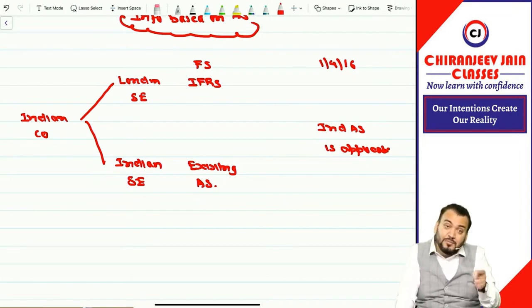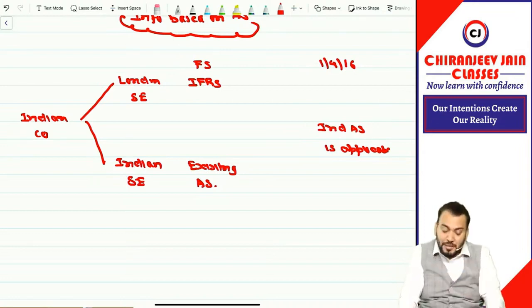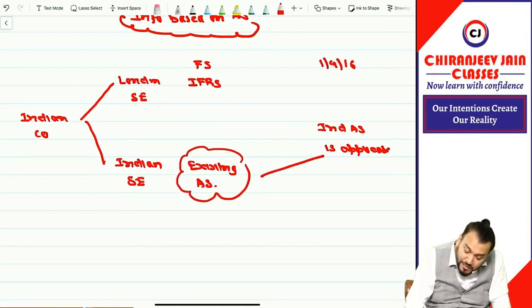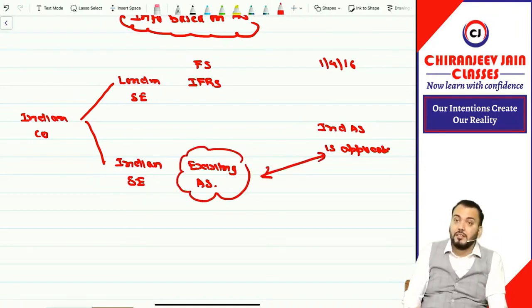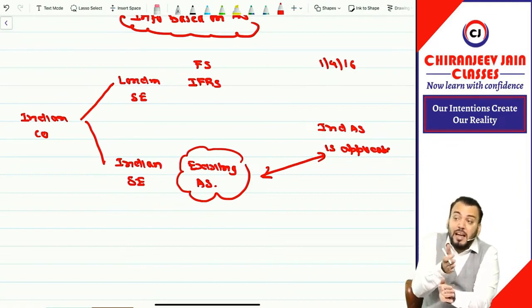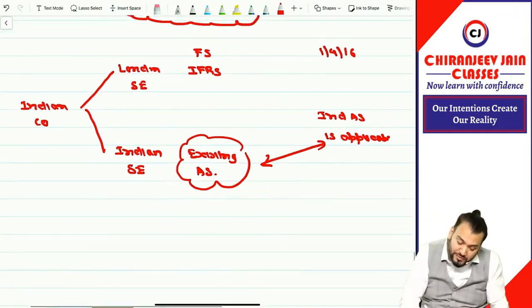So can they substitute IFRS instead of Ind AS? Well, no, not possible. They need to change the financial statements, which were prepared as per the existing accounting standards, to Ind AS.